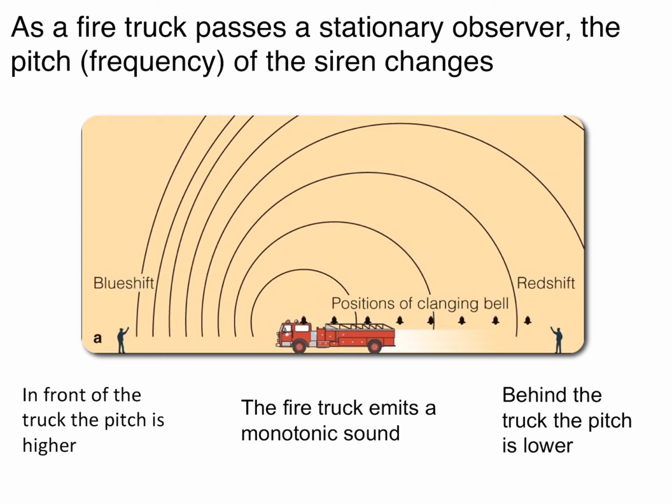When the source and observer are moving away from each other, the observer hears a frequency lower than the source frequency. So, this effect is called the Doppler effect. It arises due to the relative motion between the source of the sound, or source of the wave, and the observer.